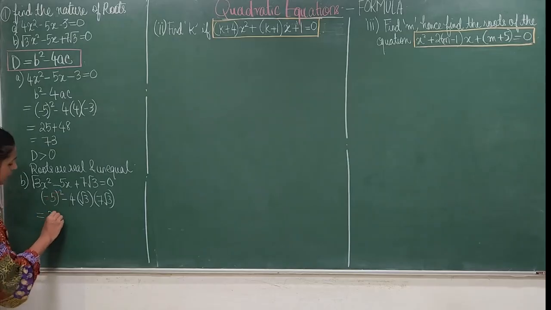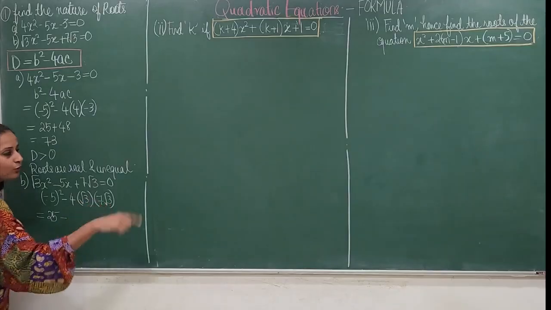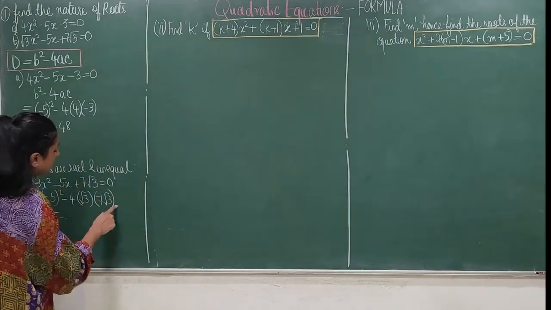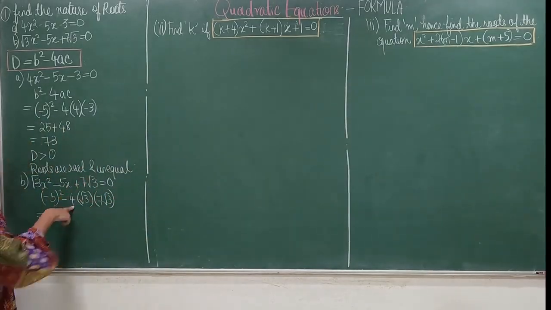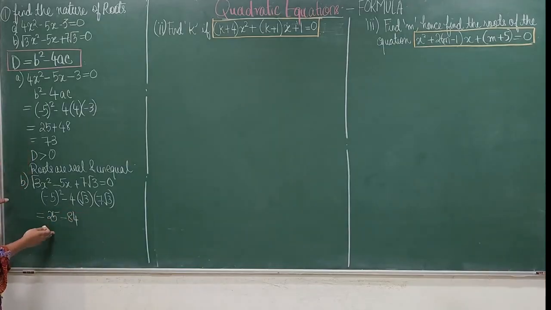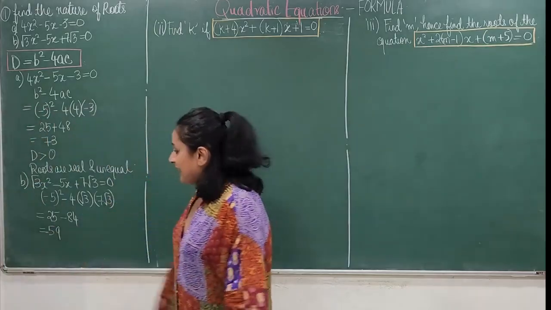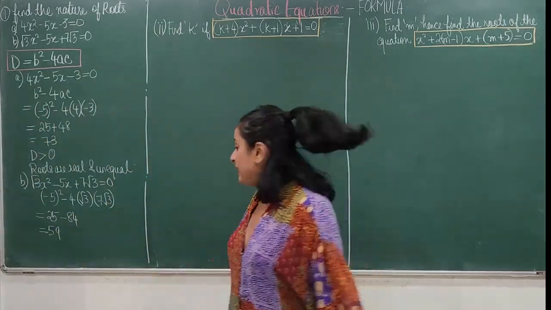Minus 5 the whole square is 25. There is no minus sign here, so this remains minus. What is root 3 into root 3? Root 3 square, which is 3. 3 into 7, 21. 21 into 4, 84. What is the result of this? Minus 59, isn't it? Because 84 is greater than 25.